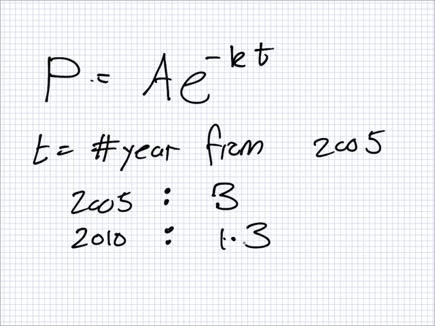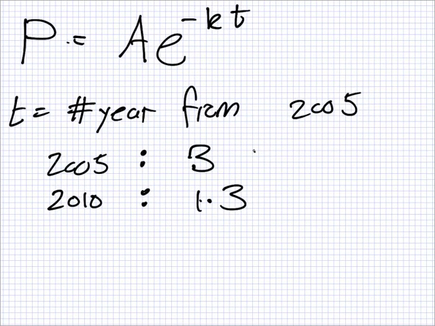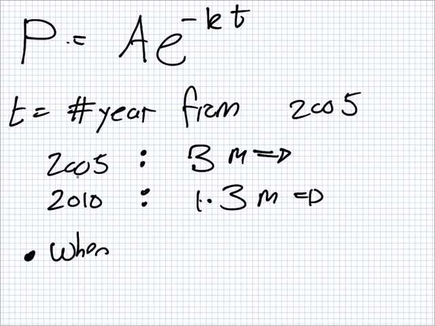So we have to figure out the A and the K. We change these statements, I'll write M for million, into mathematical statements. What's the T in 2005? 0. When T is 0, P is 3 million.